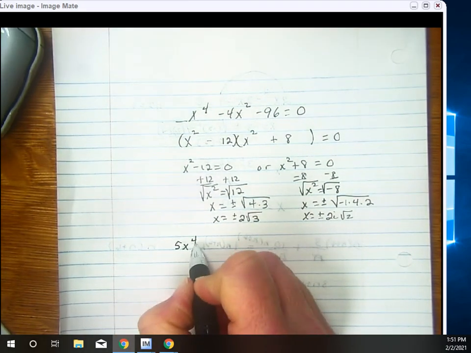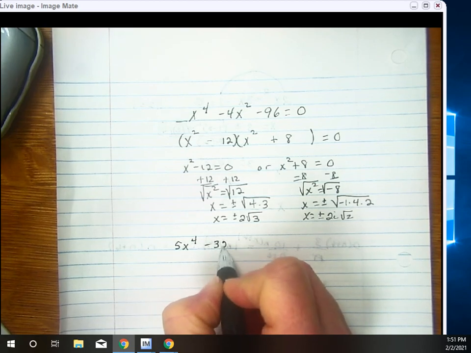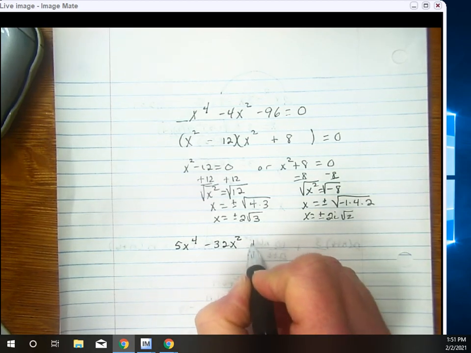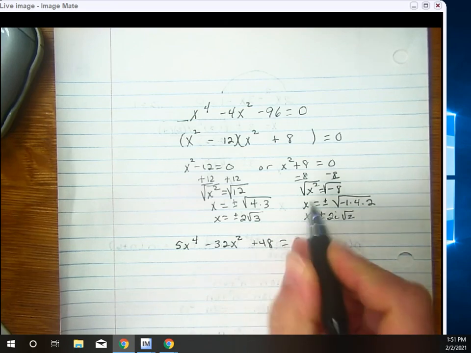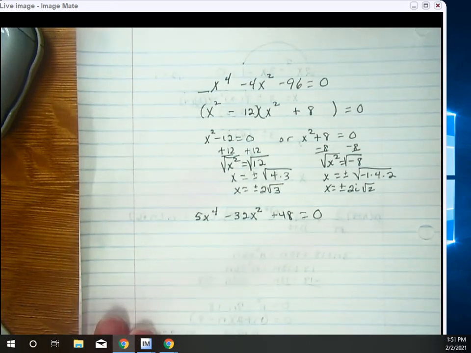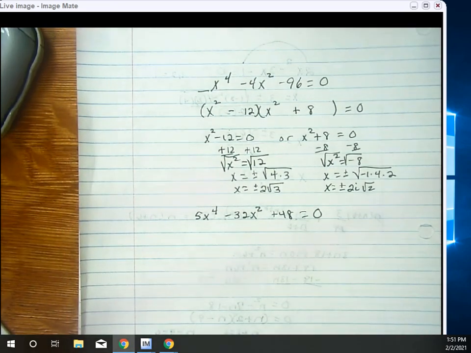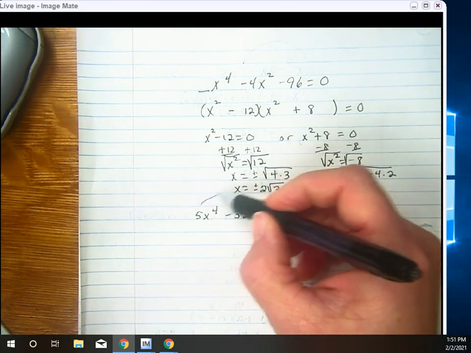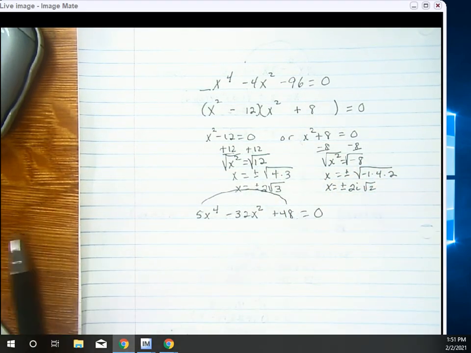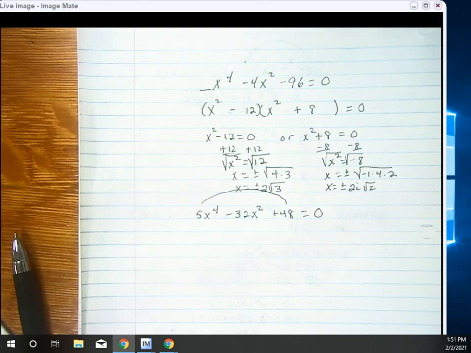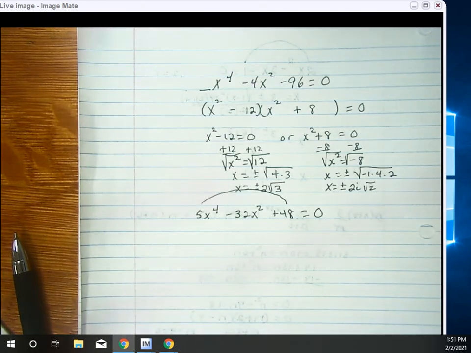Yeah, go ahead. 5x to the 4th minus 32x squared plus 48 equals 0. Okay, so are you using the 32 or are you using the 5? You're using the 5 and the 48. Now, do you want to do this by the quadratic formula? Do you want to use factoring?